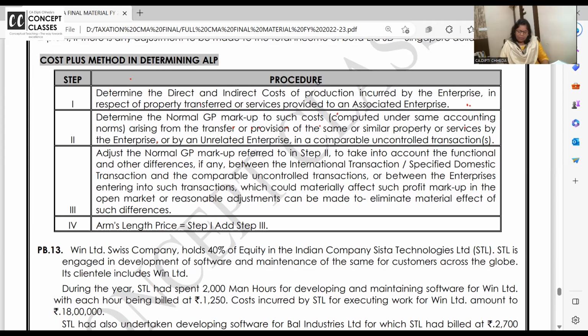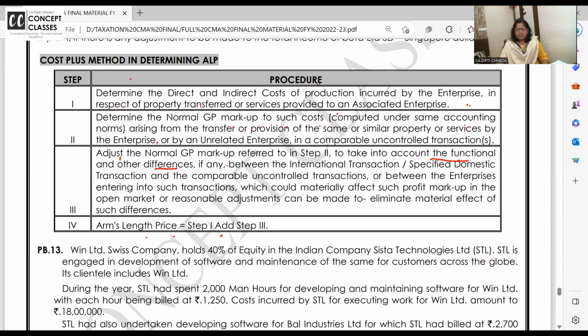Now adjust the normal GP markup to take into account functional differences. What is a functional difference? If CIF, carriage insurance freight, is included and the other is free on board, warranty, whatever the differences are. Then you will get the arm's length price, that is step 1 plus step 3.